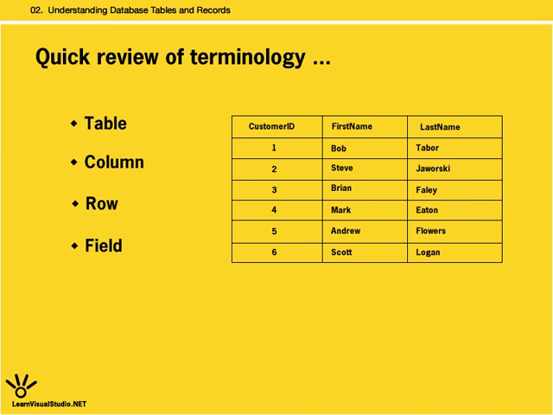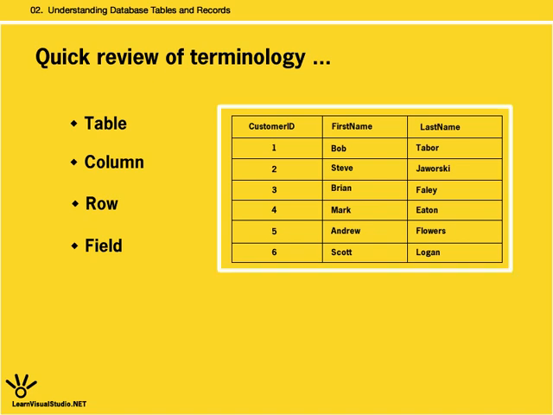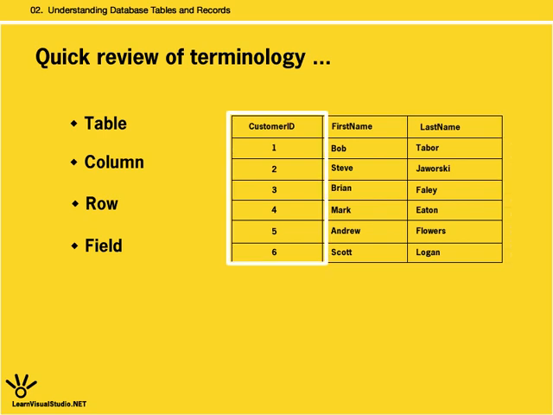Okay, so let's do a quick review just because the terminology is so important when we're getting started with databases. First of all, a table is a collection of columns. Once you've defined your columns, then it is a collection of data that are all instances of those columns.